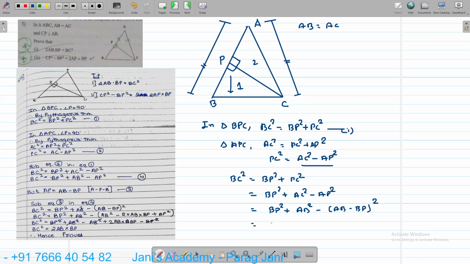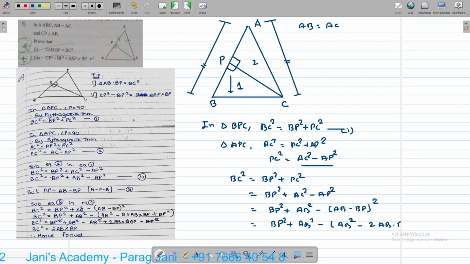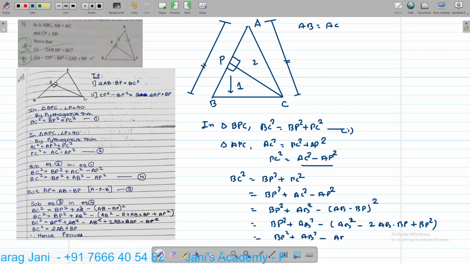Okay, now just open this, BP square plus AB square minus, here AB square minus 2AB dot BP plus BP square. See, this is what you are looking for. Now BP square plus AB square, open the bracket, minus AB square plus 2AB dot BP minus BP square.